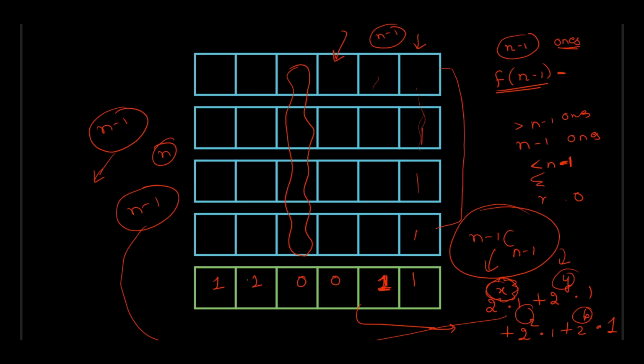And hence we can conclude that after removing the contribution of f of n minus 1, basically removing the contribution of all the set bits from the previous iteration, all the set bits that remain indicate that these bit positions have the total count equal to n minus 1.